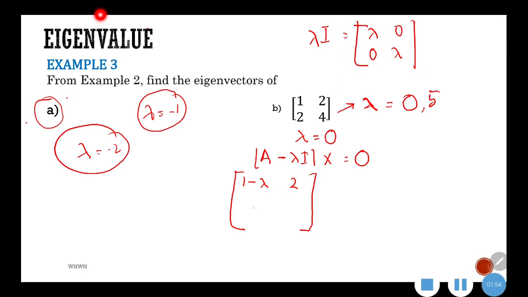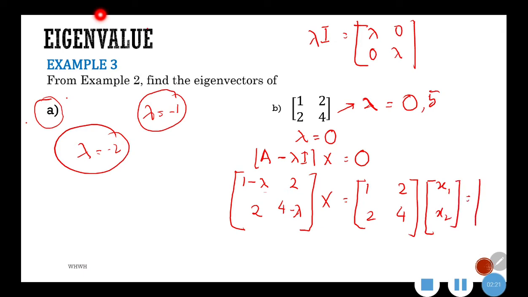And then here 2 and 4 minus lambda, times x. Since lambda equals 0, we get back the same thing: 1, 2, 2, 4, because it's 1 minus 0 here and 4 minus 0 here. Then this matrix x, we consider x1, x2, equals 0, 0.